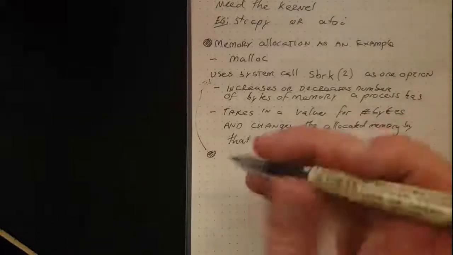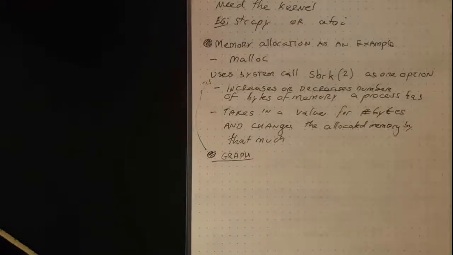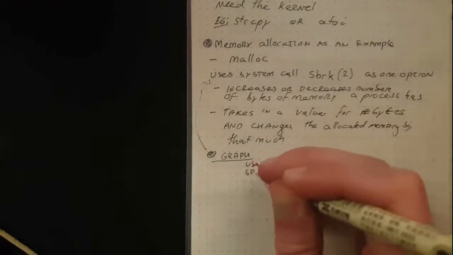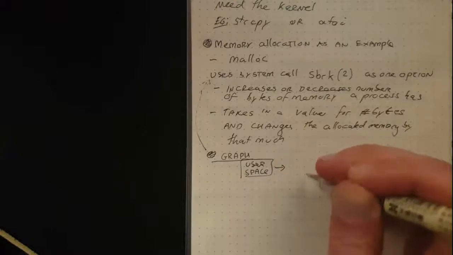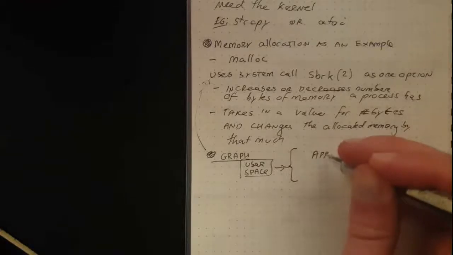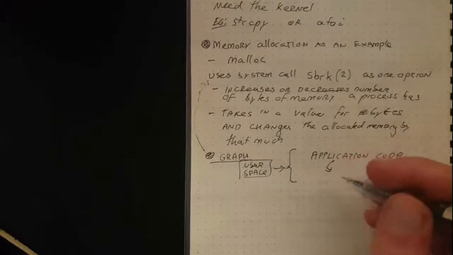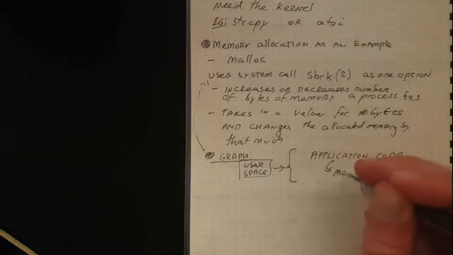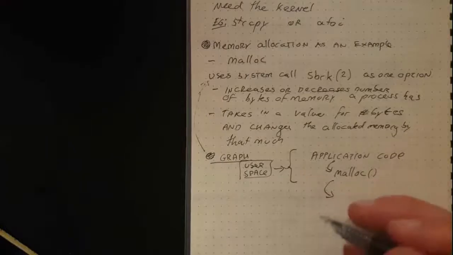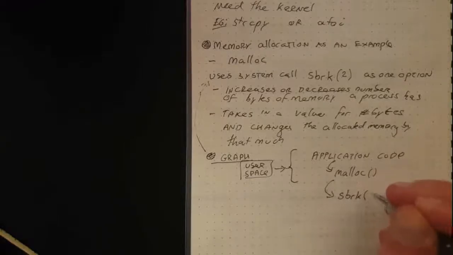And the graph we have here is that in the user process, we have some application code that calls on malloc, and then that calls on SBRK.